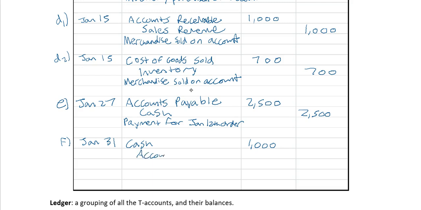And since Eric no longer owes us money, we will credit his account receivable to take it off the books. And one last description here. I'm going to put down January 15 order collection.